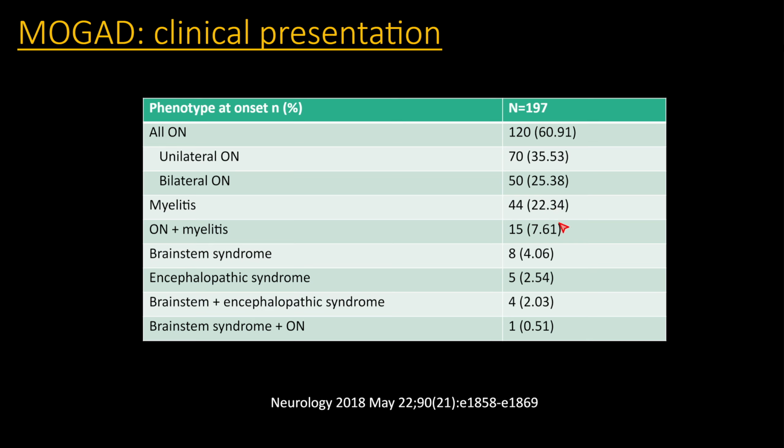So if you put these together, 90% of cases of MOG antibody disease present with optic neuritis, myelitis, or a combination. So the brain manifestations in MOGAD are more rare as initial presentations.